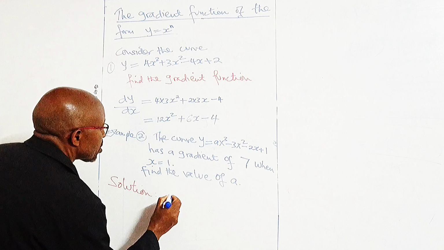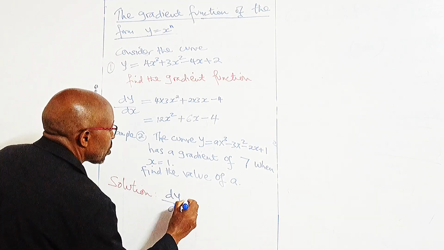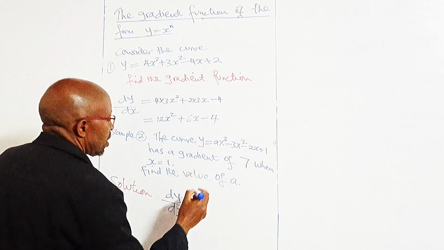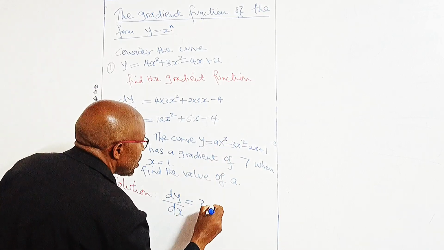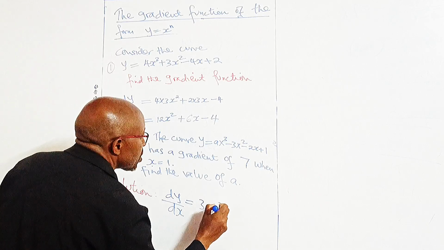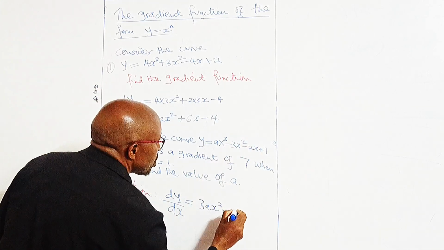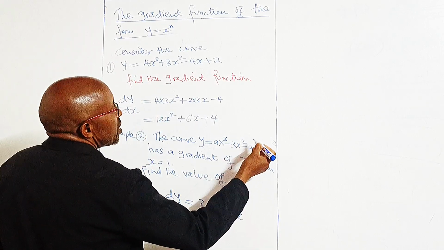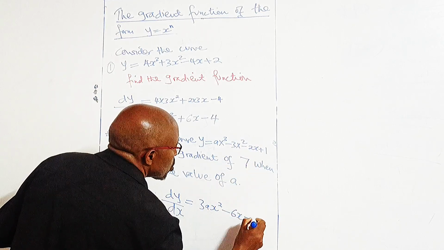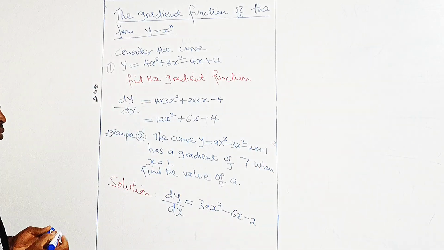Our dy/dx will be given by, this is 3 times a, which is 3a, then we reduce the power of x, minus 2 times 3, which is 6, reduce the power of x, this is 1, minus 2, because this is 1 times 2, which is 2, then x to the power 0 is 1.